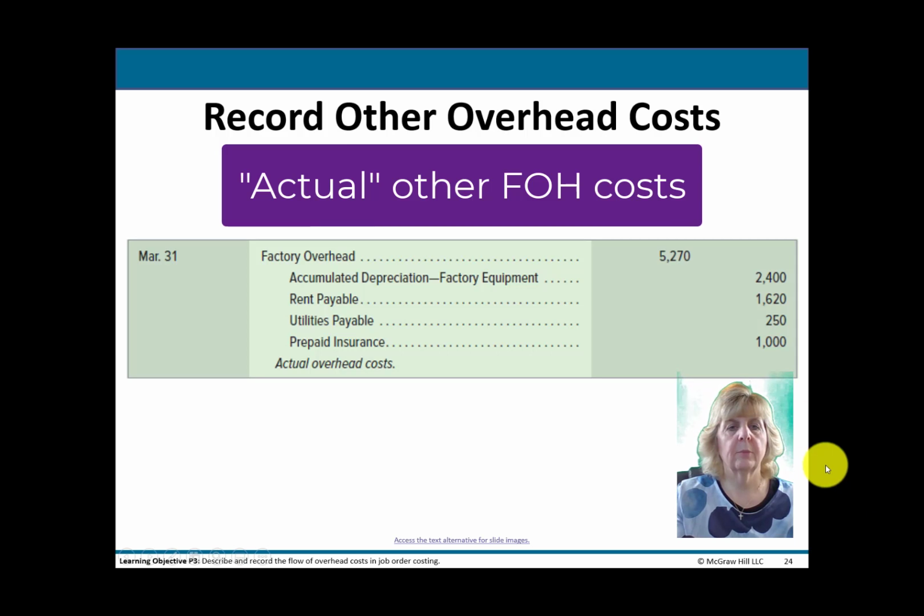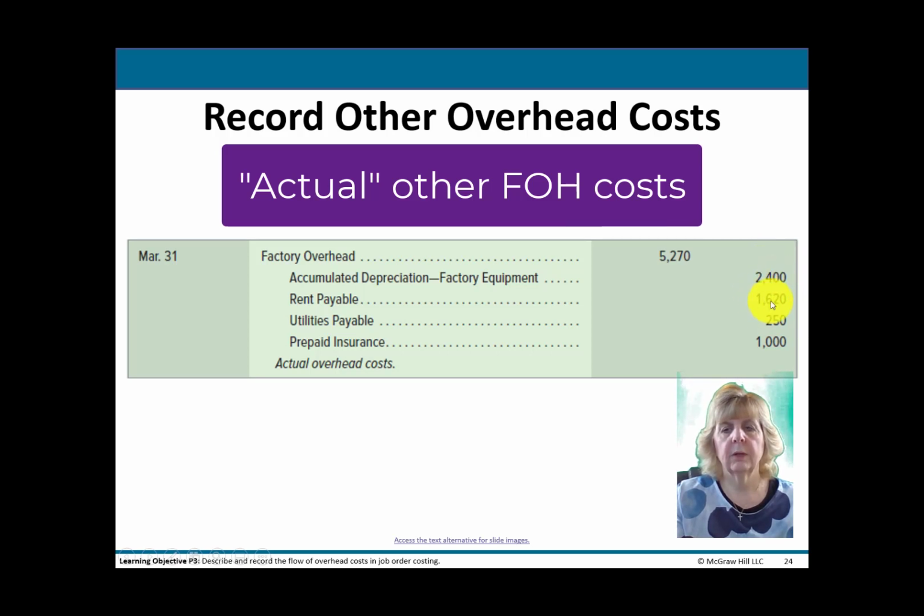In this example, this is what we call a catch-all charge of actual overhead costs that were incurred. Actual costs are charged to factory overhead via a debit. And in this case, looking at the various credits, this is probably factory overhead depreciation.